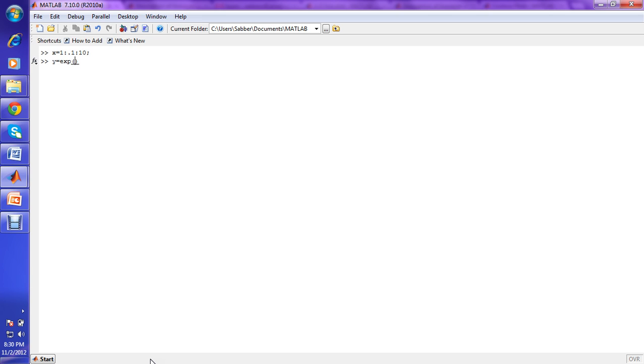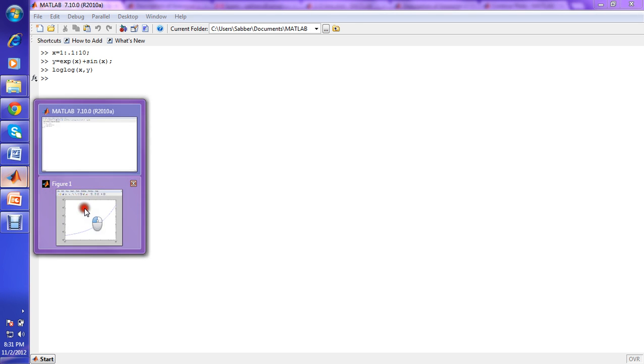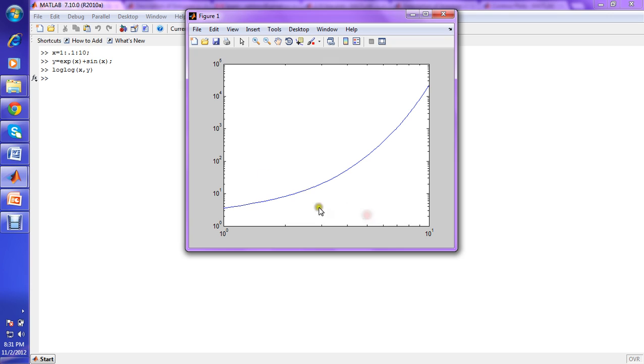And if we use log log of x comma y, we can plot it in log scale, as on log paper. Yes, so we'll get a plot here in log function.